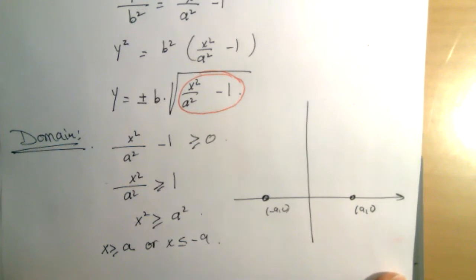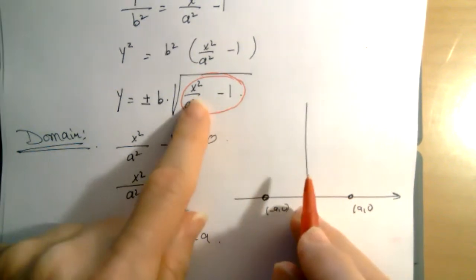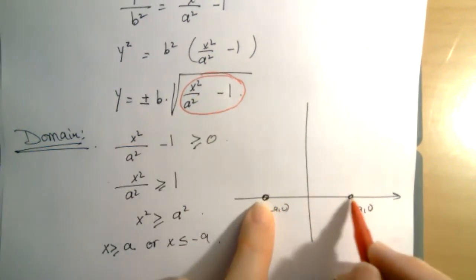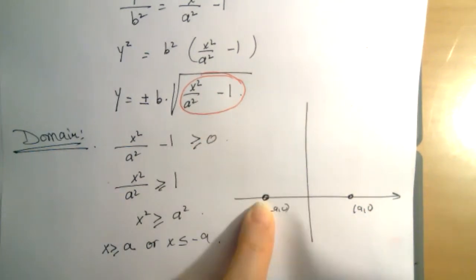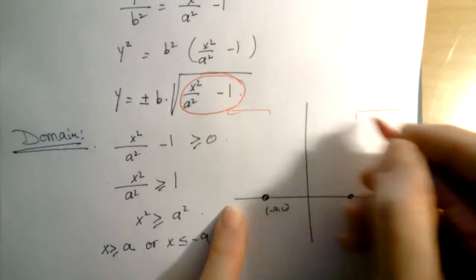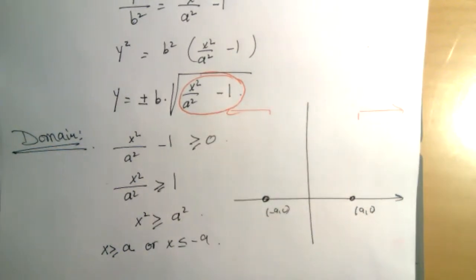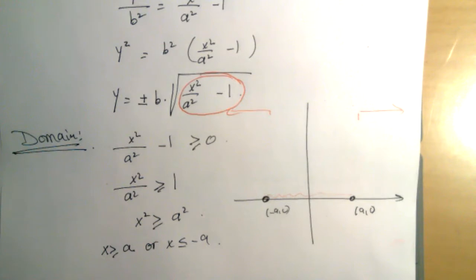What does it mean to us in terms of the graph? It means that between -a and a, there is no output. There is no value of y. If I take x in between -a and a, the term under the square root is going to be negative. So this means that the graph is two parts, a part here and a part there. There is no output between -a and a.